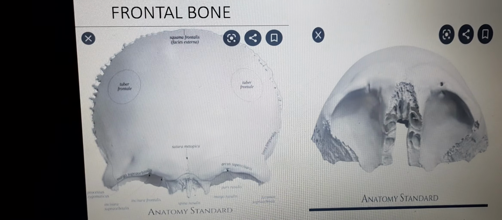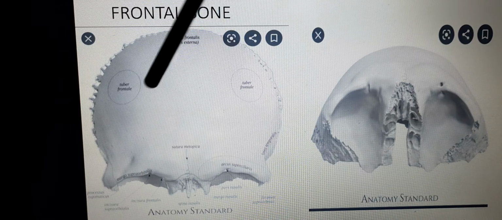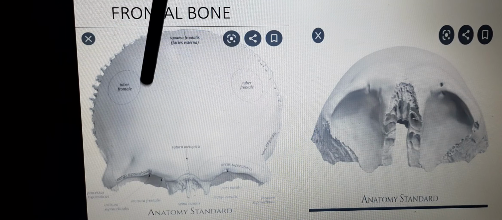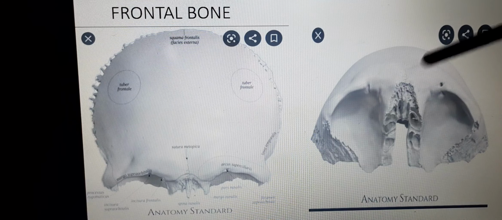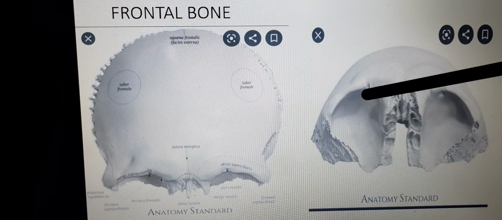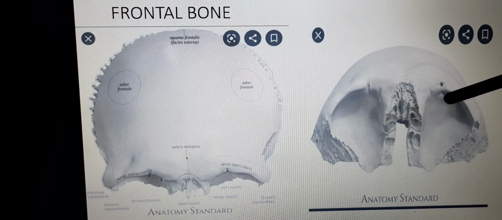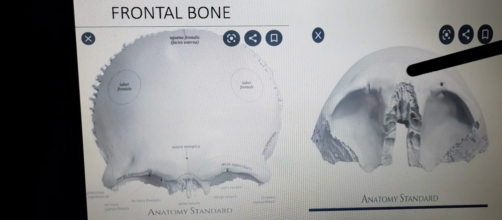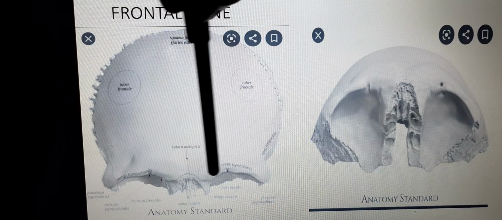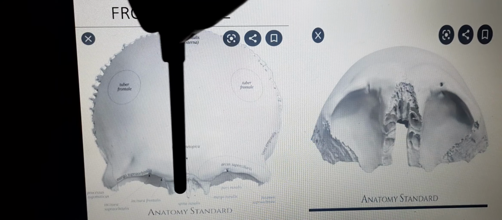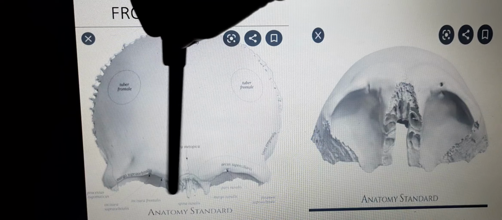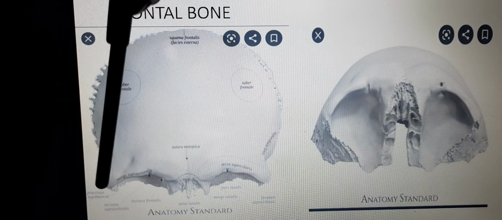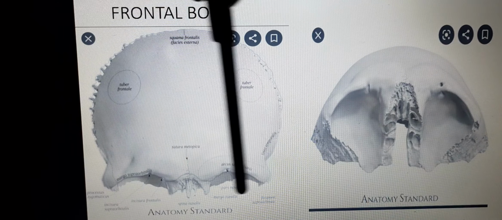So this is frontal bone. Frontal bone has the squamous part. This thin plate of bone is squamous part. Then orbital plate. This is orbital plate of frontal bone. Then this part between 2 orbital plates is nasal part. These are orbital plates, and 2 processes, zygomatic processes.